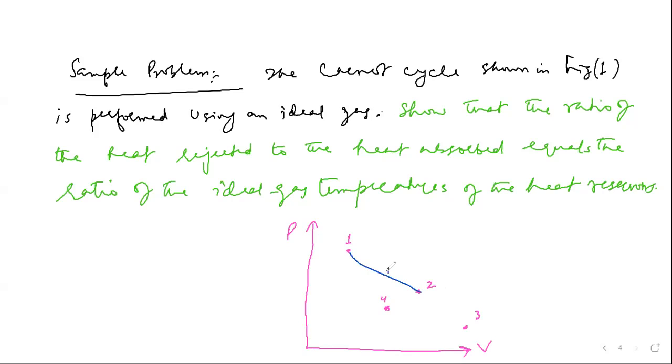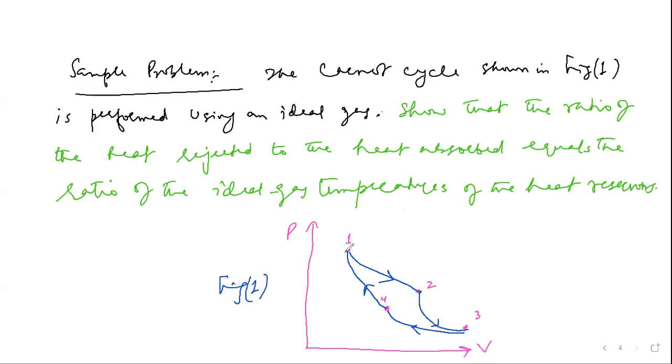This is first step, and there is second step. Sorry, let me make it clear. This is second step. So it is not accurate, but you can understand. And this is third step, and this is fourth step. This is my Carnot engine, Carnot cycle. This is figure 1.